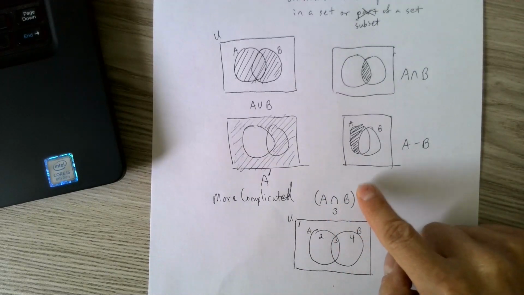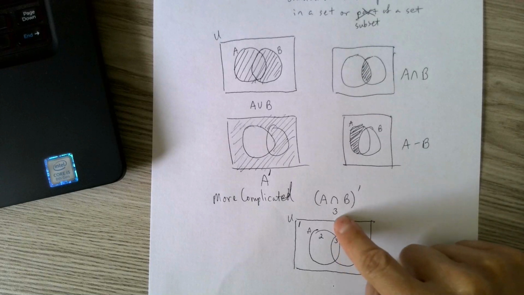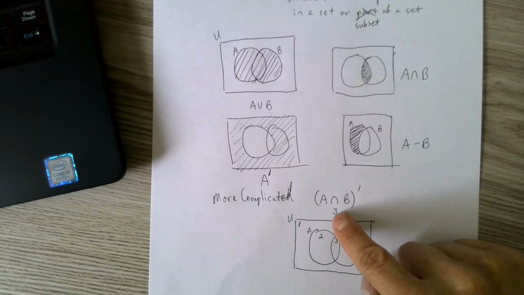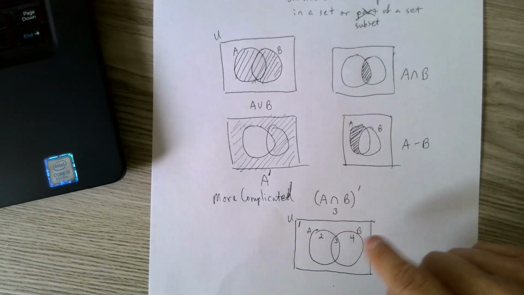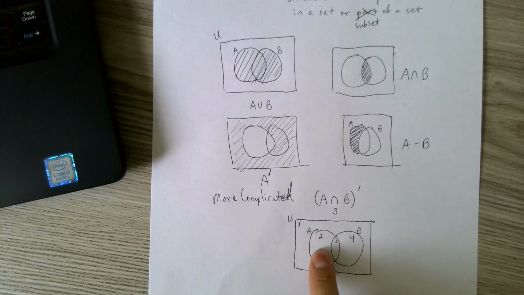Now I need to find the complement of 3. So the 3 also acts like an element. So the complement of 3 would be, what are all the things in the universal set that are not 3? Well, 1, 2, and 4, right? Those are the elements in the universal set that aren't 3.